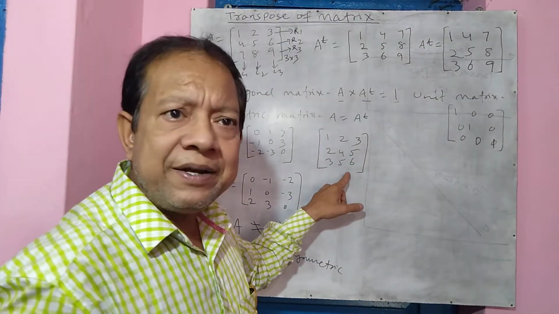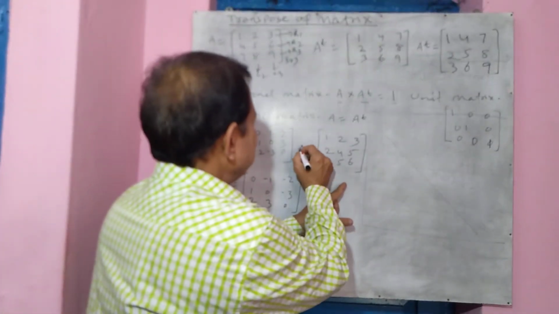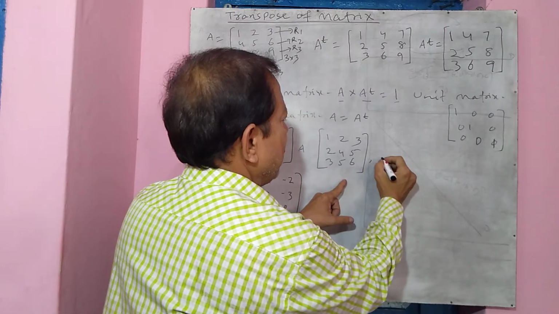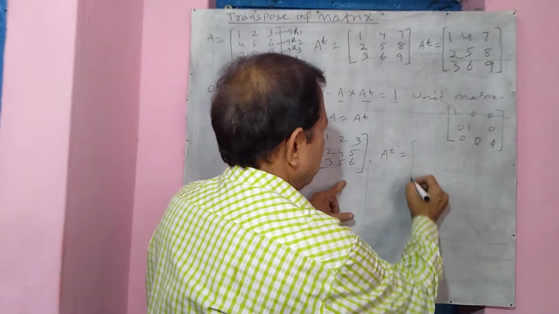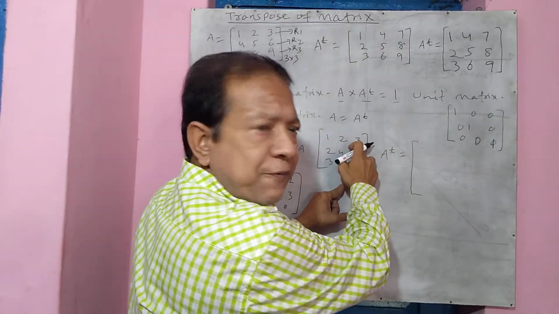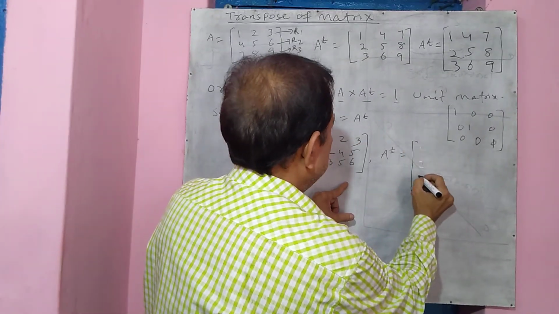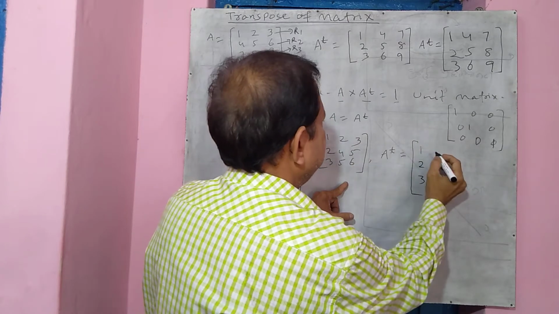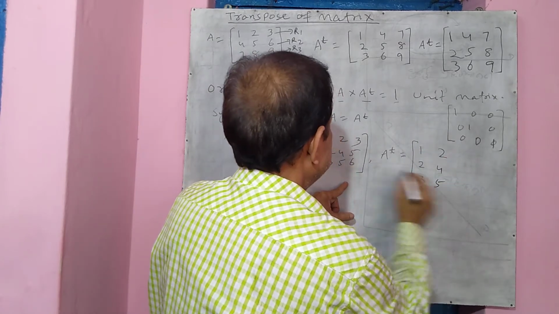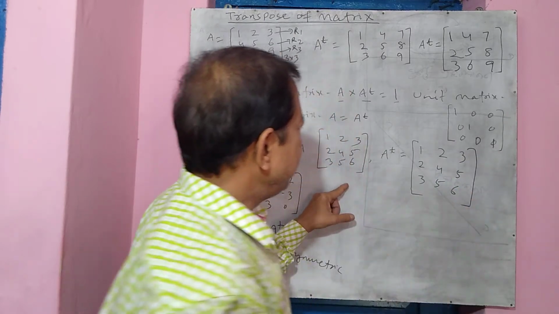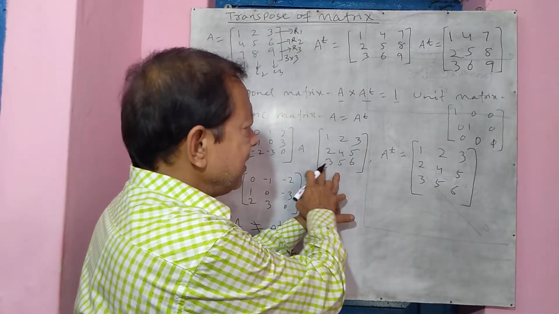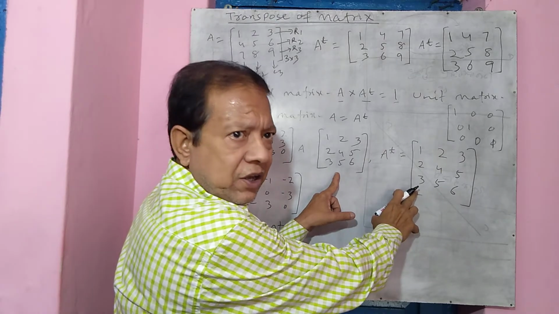But come to this side, this is matrix A. Let's find out AT. The first row we make the first column, 1 2 3, then 2 4 5, then 3 5 6. See here, this is matrix A, this is matrix AT or transpose.